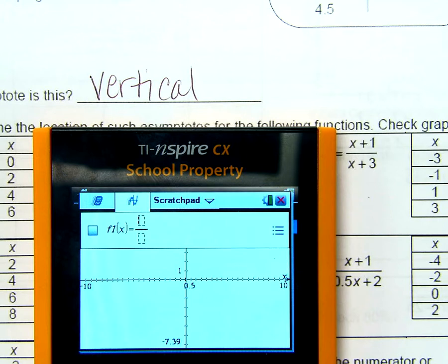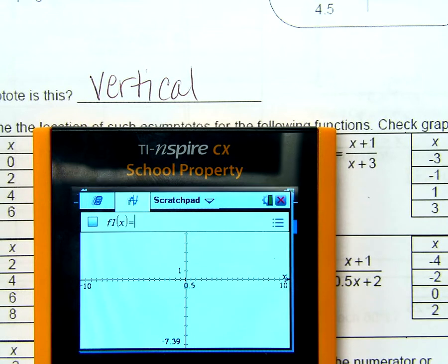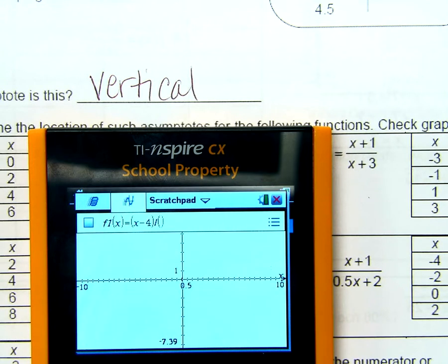So we can go ahead and put in x minus 4 over x minus 2. Just like that. That looks like a fraction. The calculator sees it as a fraction and does things accordingly. Okay? The other thing that you can do is open a parenthesis and say x minus 4 divided by, and then open another parenthesis, x minus 2.